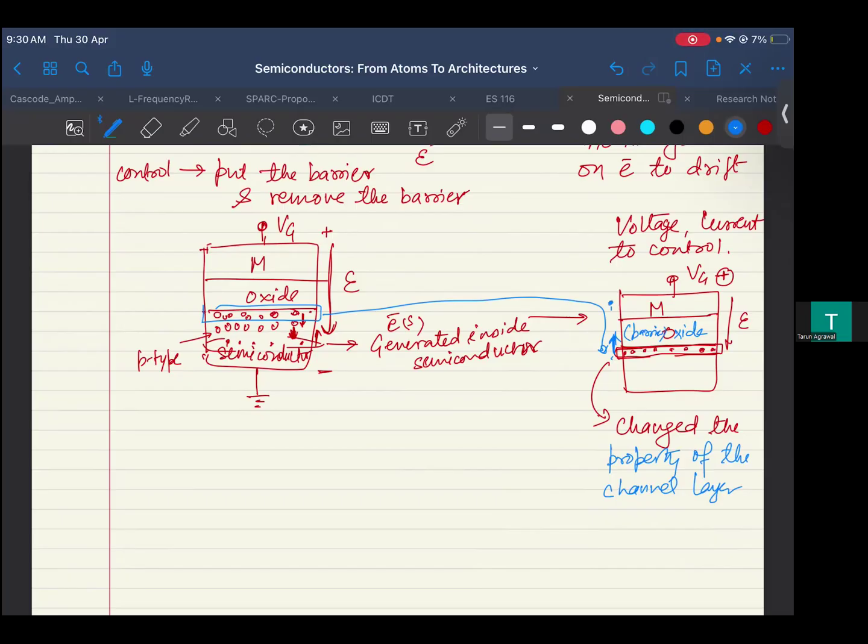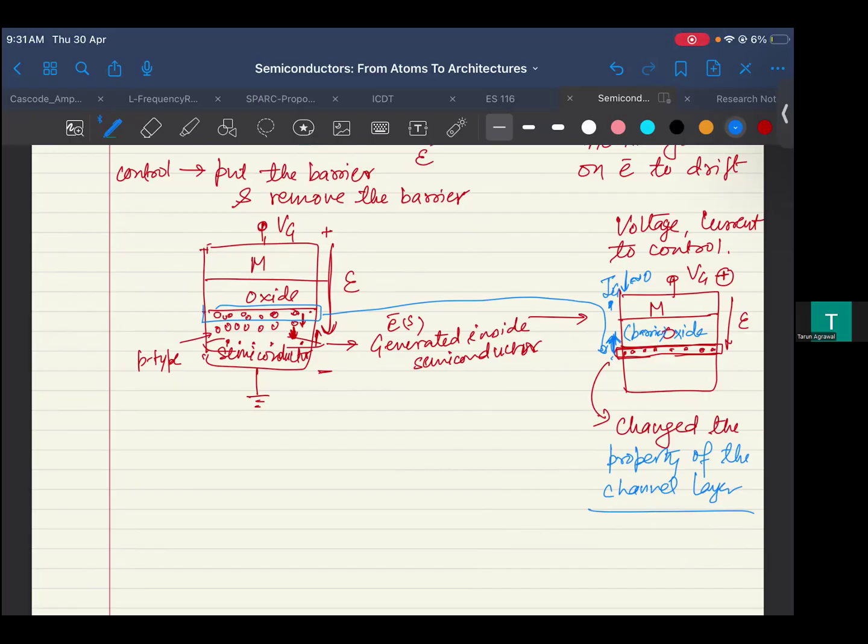It's a dielectric, so there is a huge barrier which they see. So these electrons are not going to flow to the top side through the dielectric. And that's why your gate current, whatever you measure, is going to be negligible, right? Very, very little current. Because if your dielectric is holding, if your oxide is saying I cannot let the electron go, then this current would be very small.